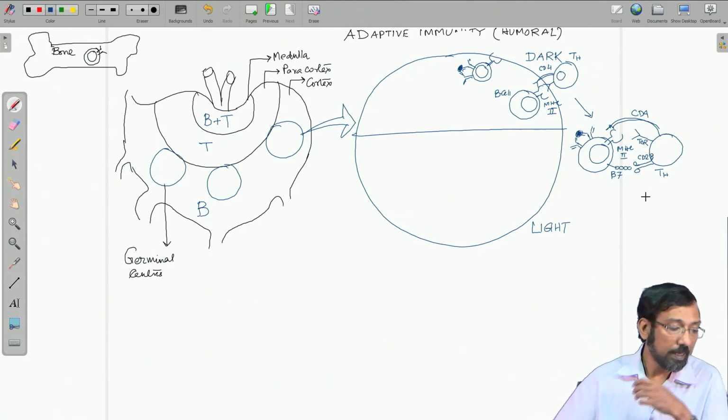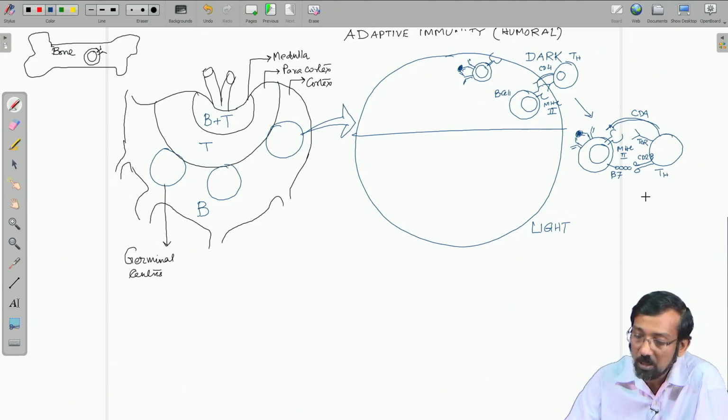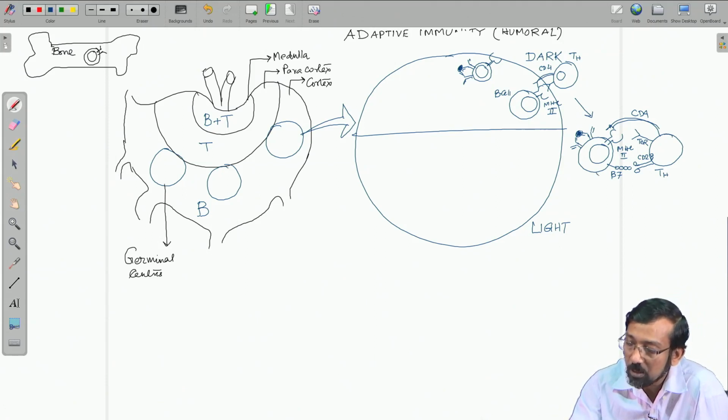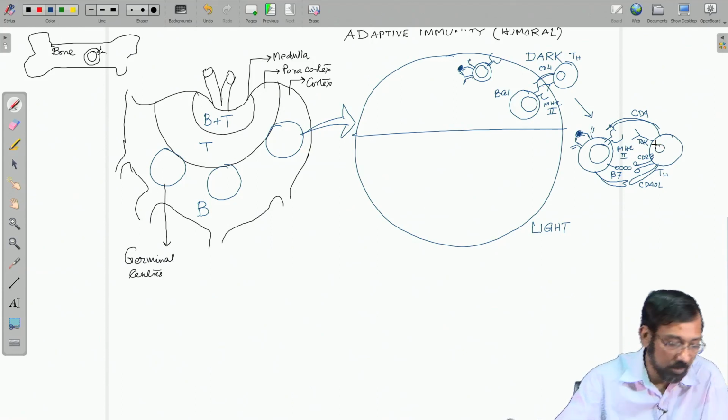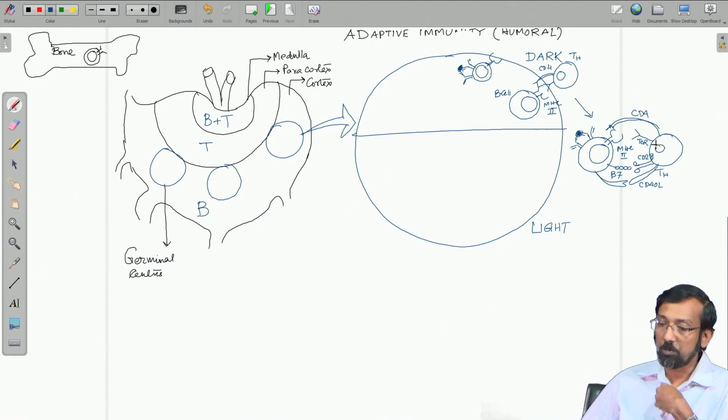And then there is another interaction, that we call the CD40L, that is expressed on the surface of the T helper cells.